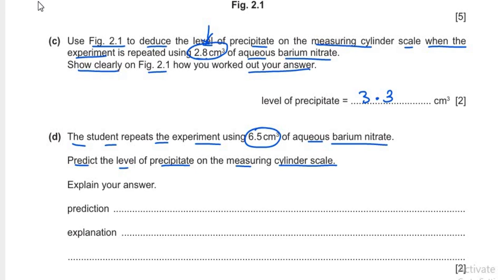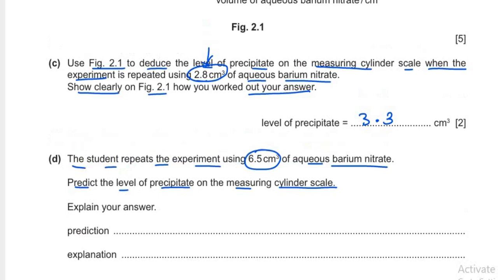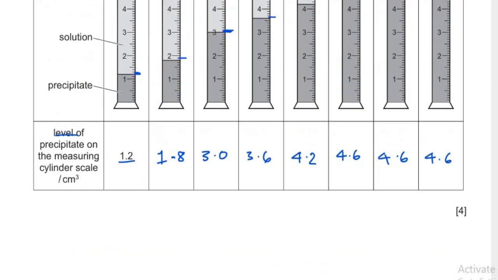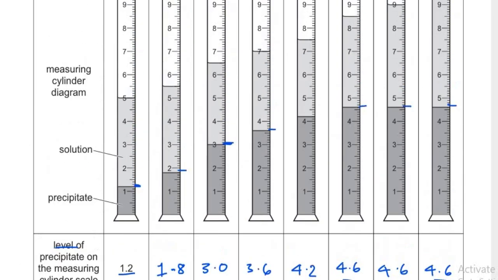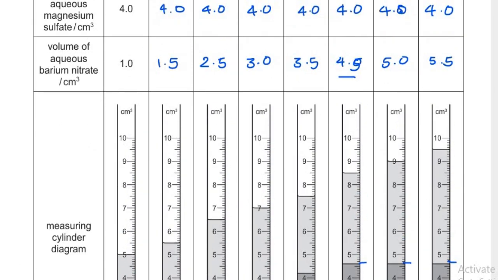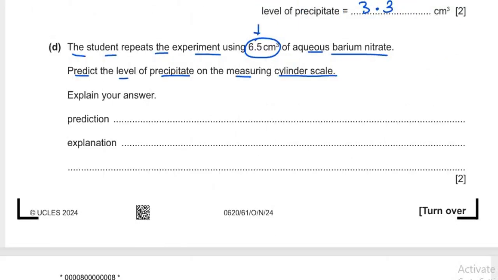Now we know that here we can see the last 3 readings were 4.6 only, after 4.5 centimeter cube of aqueous barium nitrate was added. So even if we add 6.5 centimeter cube, the level will remain the same.